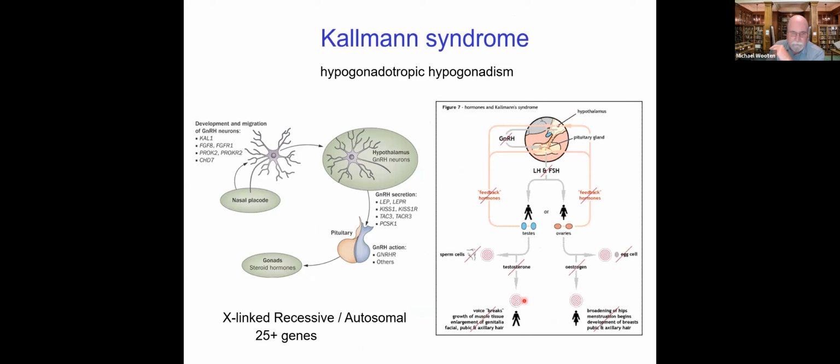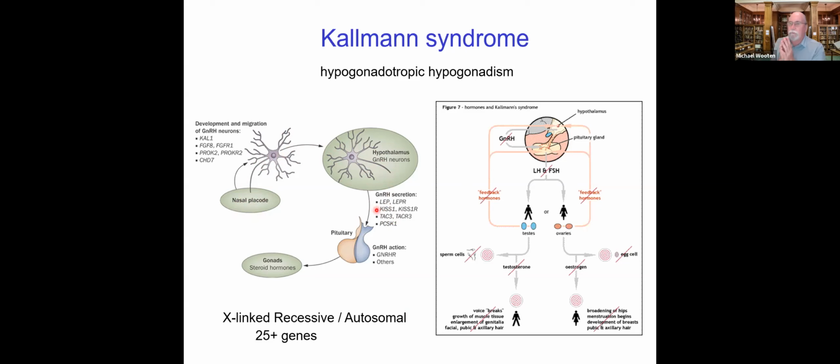Here's one where there are at least 25 different genes involved, because you've got to have genes that are going to develop these particular neural cells. The neural cells have to mature themselves. The neural cells have to migrate along pathways that will allow them to physically migrate within the neural tissue. They have to be in the hippocampus. There have to be receptors that are produced, as well as appropriate proteins.